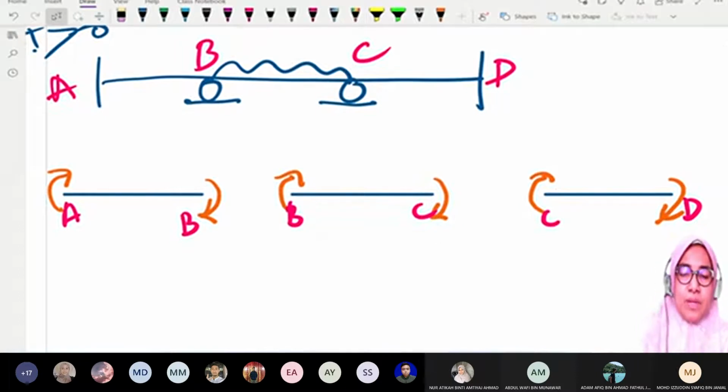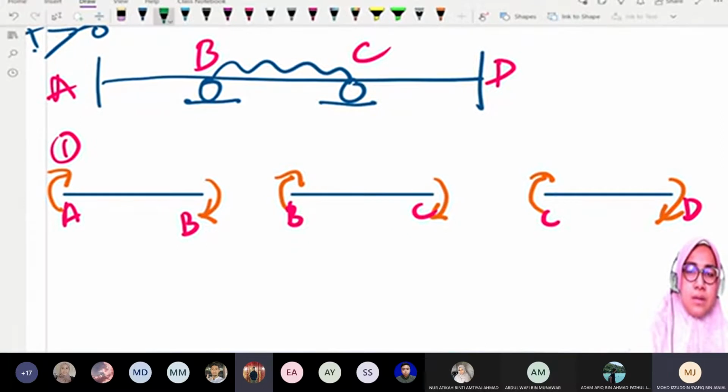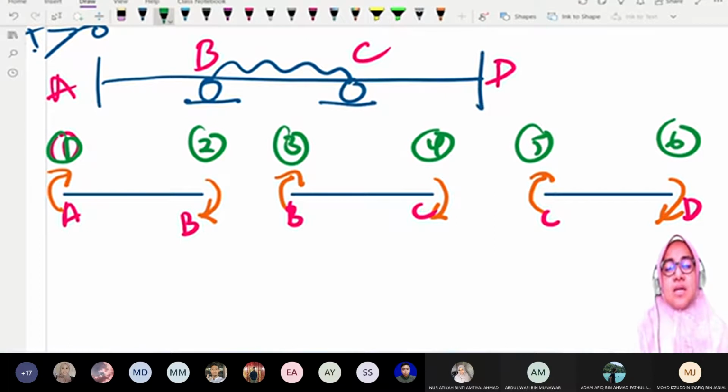How many? Members 3, moments 6. So 3, 4, 5, 6. There are 6 member end moments for three members. Members and elements are the same thing.